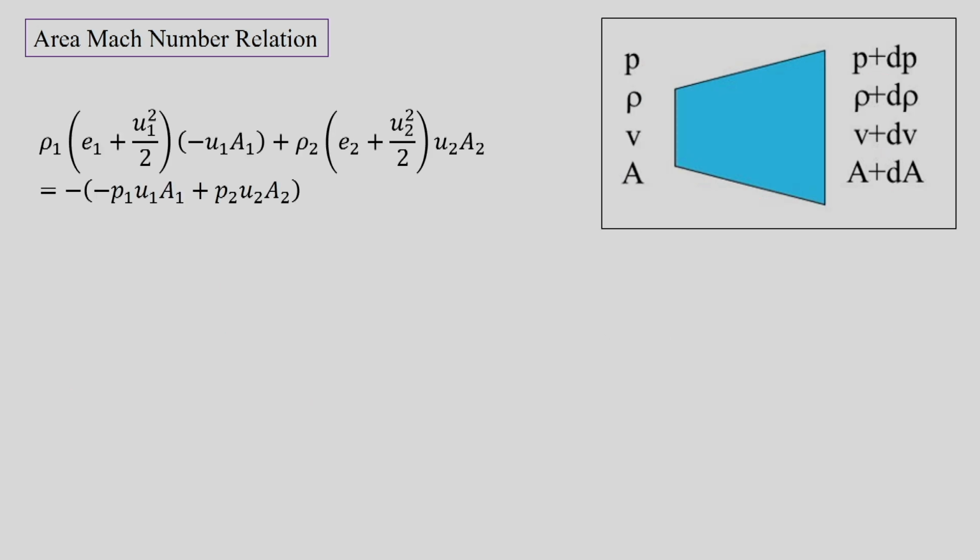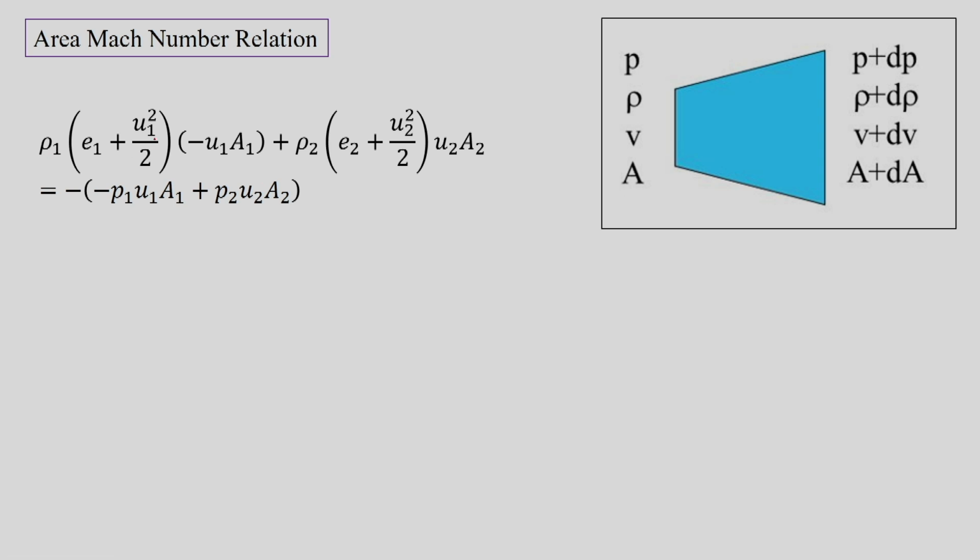Now, we know that the energy equation for one dimensional flow is h1 plus u1 square by 2 is equal to h2 plus u2 square by 2. Here let us consider the similar expression where we are considering energy flux at the inlet plus energy flux at the outlet, equal to the rate of change in flux, and here we are only considering pressure forces.